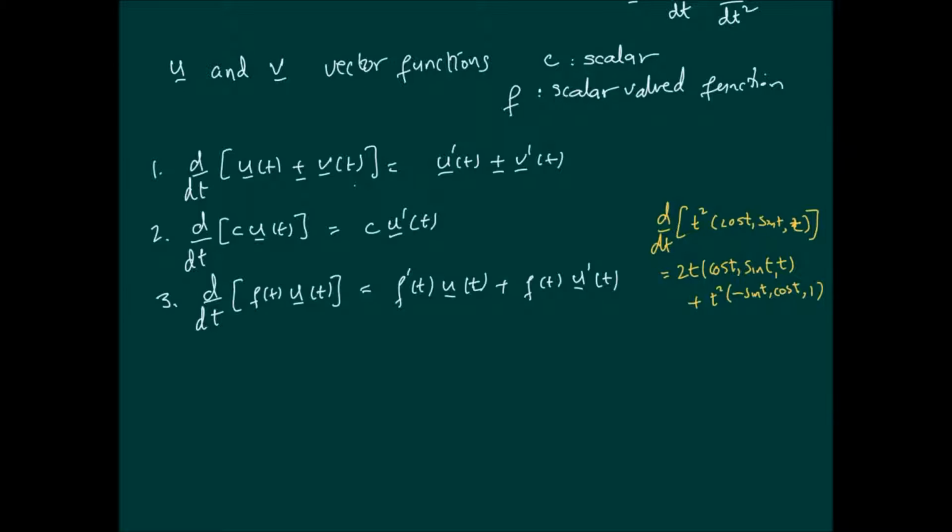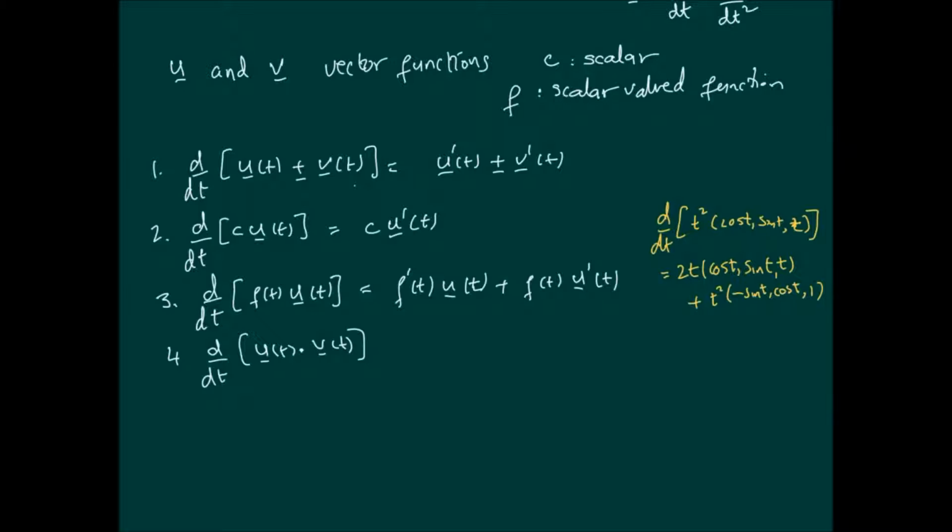Okay, let's move on. The fourth property is the derivative of the product of two vector functions. There are two types of products of vectors, and therefore of vector functions as well. One of these is the dot product.